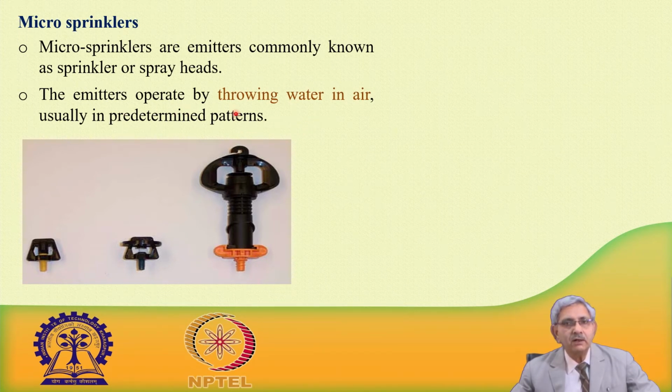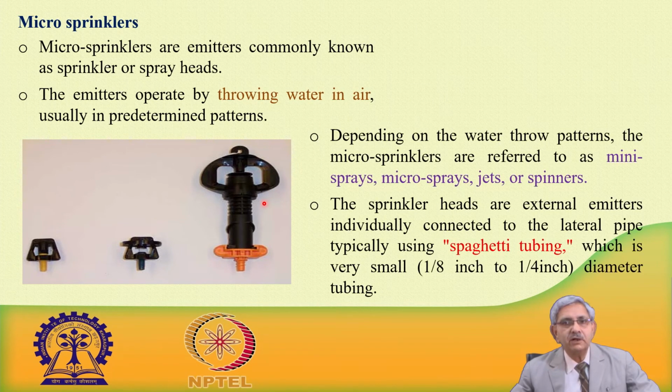The emitters operate by throwing water in air, usually in predetermined patterns. Here there is a serration, where water comes from one end and then strikes the spinner, which starts ejecting water. So, it could be micro spray, jet or spinners.